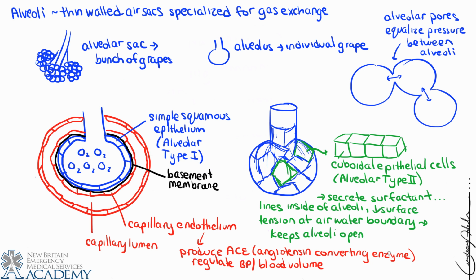And so the secretion of surfactant lining the inside of the alveolus actually reduces the tendency to have this collapsing over, folding over, based on the air-water boundary. So it helps the alveoli stay slightly inflated so that it's easy for gas exchange to occur under normal physiologic circumstances.